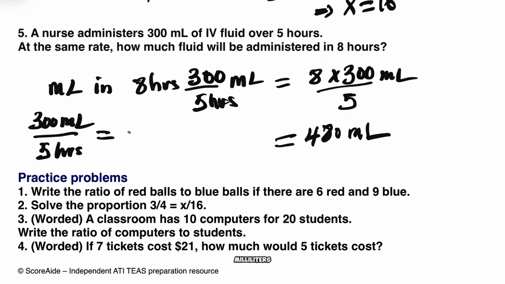So milliliters need to be in the numerator. So this way we don't know the number of milliliters here. All this divided by what? By 8 hours. So in this case, you just cross multiply and you will find out that your answer will be 8 times 300 milliliters all divided by 5, which will be 480. Right?